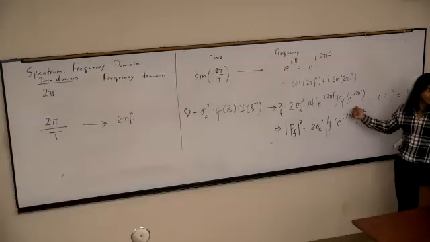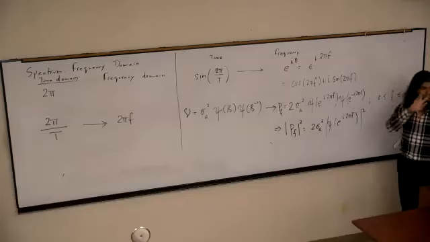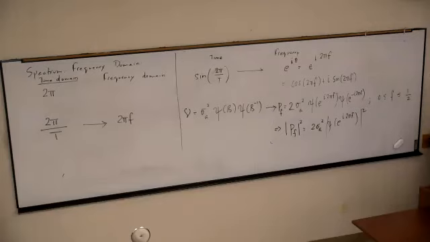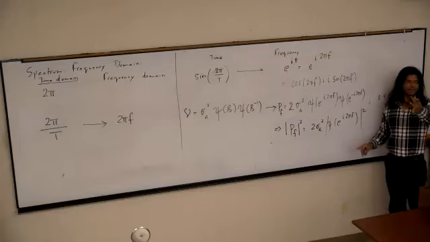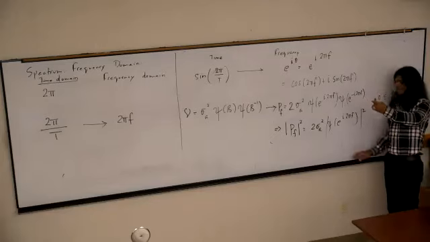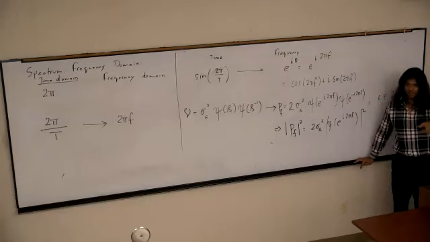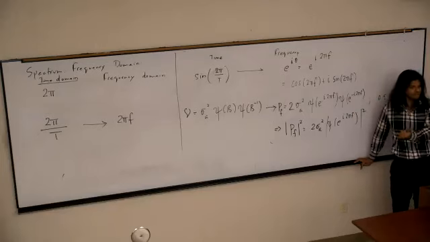Do you agree? The magnitude of a complex number and its conjugate are one and the same. So a plus ib, a minus ib, regardless of which one you're looking at, the magnitude squared is a squared plus b squared. Yes.